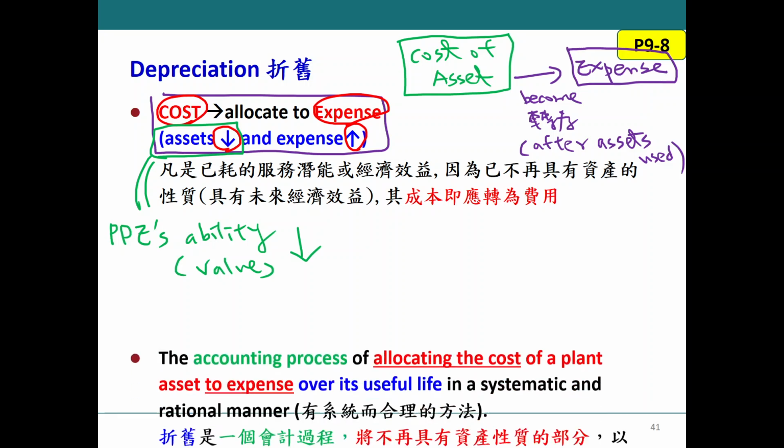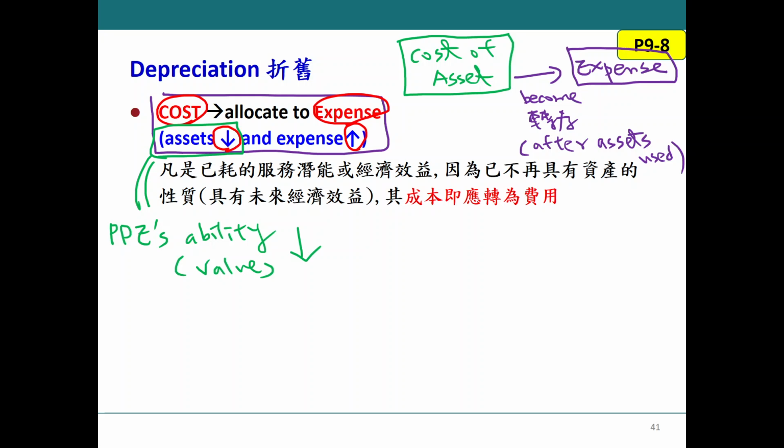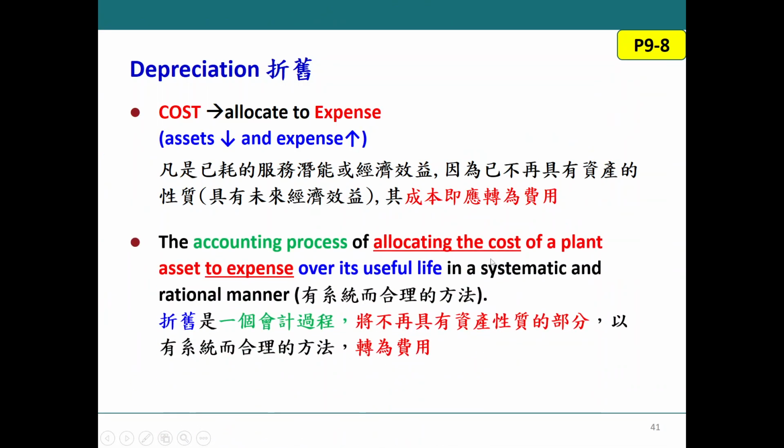Okay. One thing before we take a break. Here I want to tell you, so far the content we tell you is the accounting process. So what does that mean, accounting process?